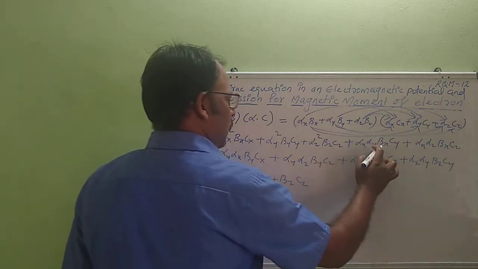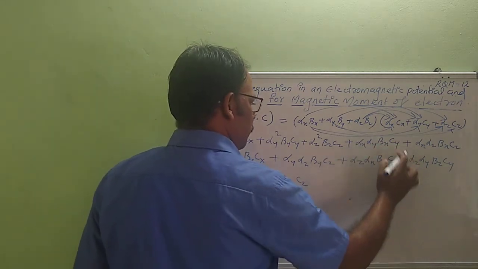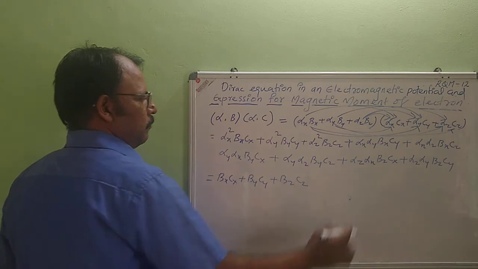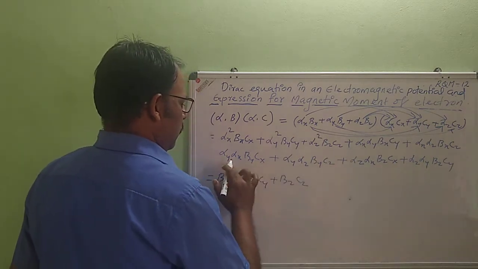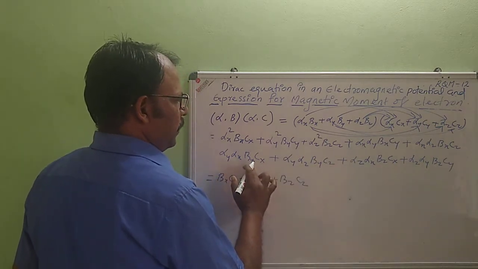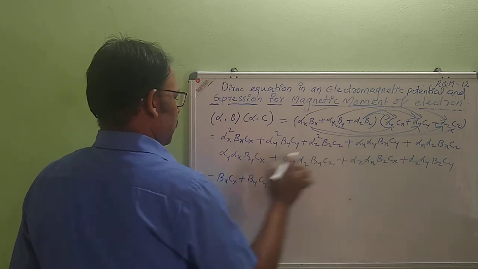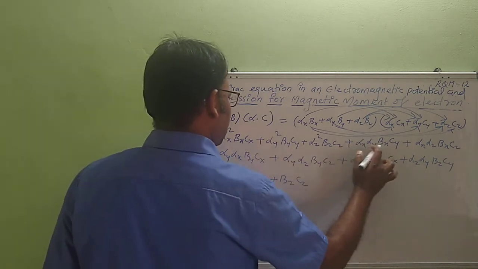Now take alpha x alpha y Bx Cy and the other term alpha y alpha x By Cx.